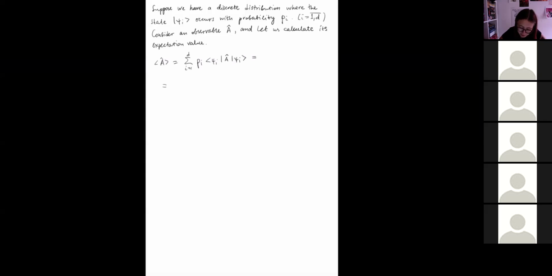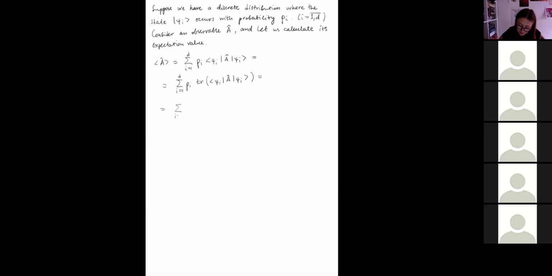So here the trick that we can do is, since <psi_i|A|psi_i> is just a value, it can also be seen as a 1-by-1 matrix. And since it can be seen as a 1-by-1 matrix, we can just write it as the trace of itself. Okay.